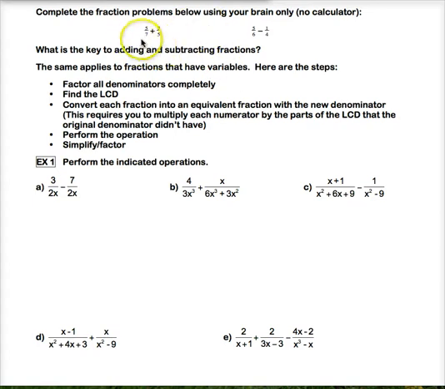All right, so hopefully what you did in this first problem was you said, I need to make these have the same denominator. So I'm going to make that common denominator 35. If I multiplied the bottom by 5 to get 35, I must multiply the top by the same thing. So 5 times 5 gives me 25.